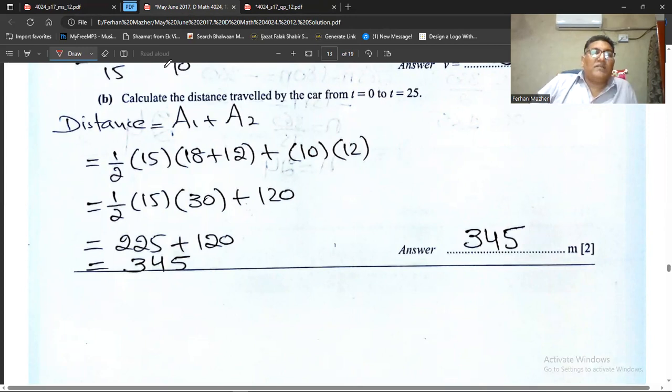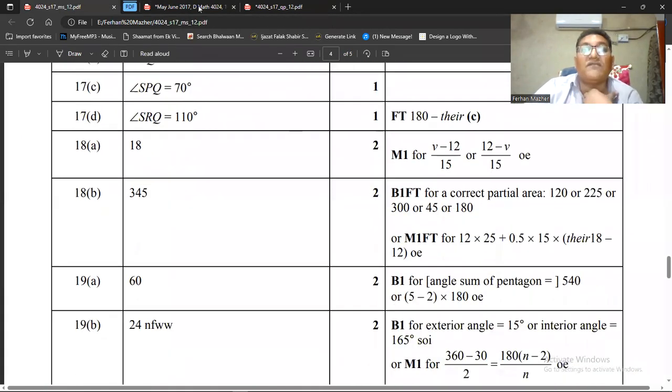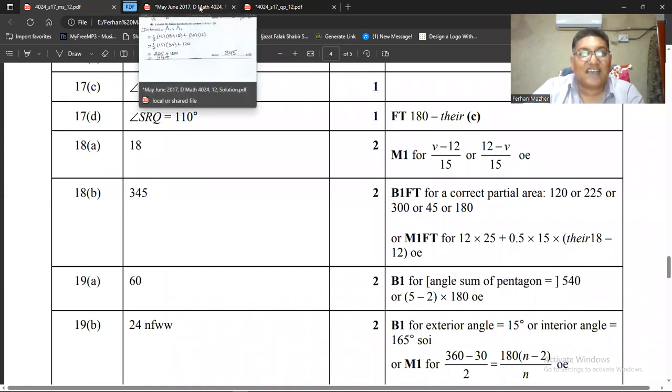So it will be 1 by 2 into 15 into (18 plus 12), plus 10 into 12. So it will be 1 by 2 into 15 into 30, plus 120, and that will be 225 plus 120, and that will be 345. So the distance traveled is 345, and our answers are right, sir.